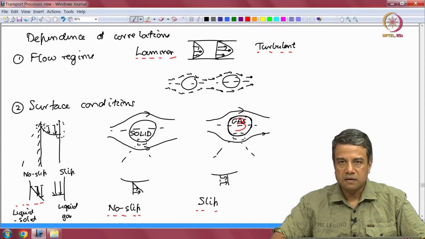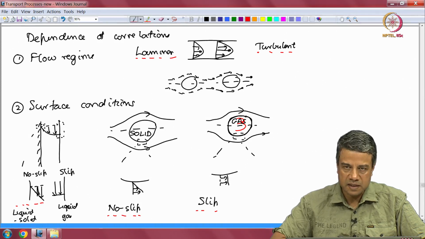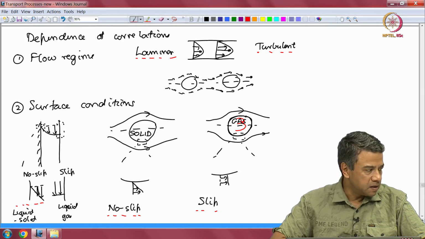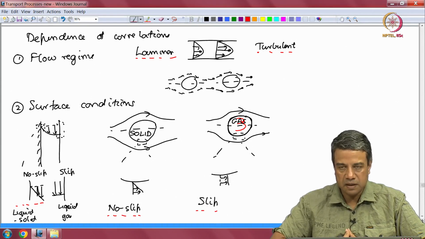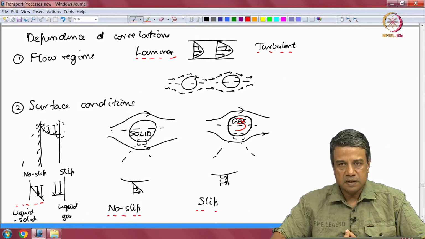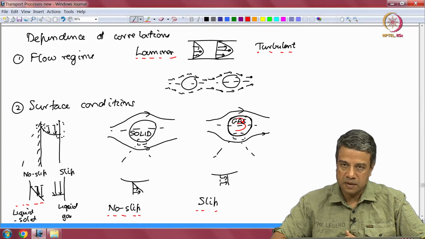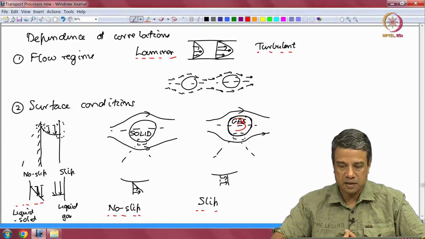In contrast, for the flow around gas bubbles, for example, the velocity does not have to be 0 at the surface. There is a slip at the surface because the gas inside the gas bubble can have a non-zero velocity. So, the gas velocity along the surface does not have to be 0. The gas velocity perpendicular to the surface has to be 0 because there is no penetration at the surface.